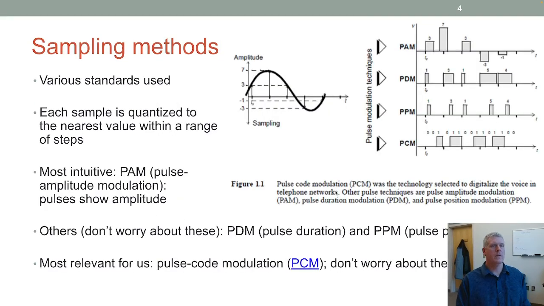Okay, so sampling methods. There are various methods that can be used. Each sample is quantized to the nearest value within a range of steps. For example, the most intuitive is what is called pulse amplitude modulation. Up here on the top right of this screen, we have the pulse amplitude modulation, and at this sample we have a value of 3. If we're looking at this solid dark wave right here, this is the actual sound that we're trying to sample, we're trying to digitize.